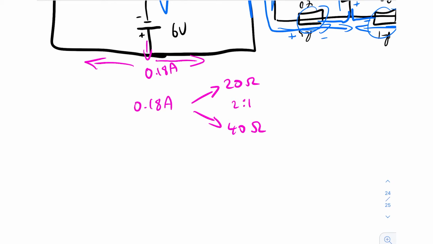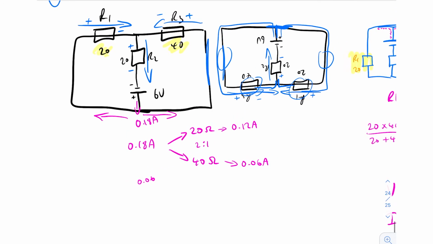So if you divide 0.18 by 3, that would give you 0.06. So we know that 0.12 amps is going to the 20 ohm one, and 0.06 amps is going to the 40 ohm resistor. This is the unconventional way of doing it, and it's how you do it if you wanted to do it in your head quickly.